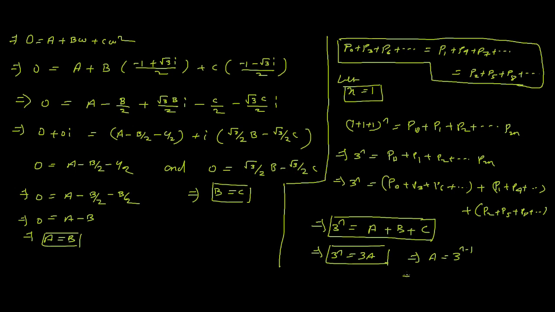And what is our A? We assumed A as p0 plus p3 plus p6, which is equal to 3 to the power n minus 1. So hence proved.